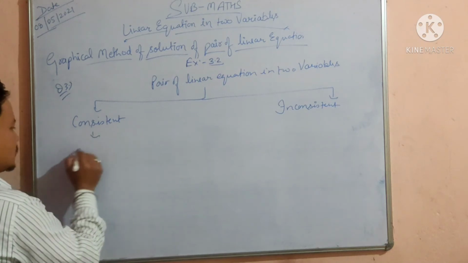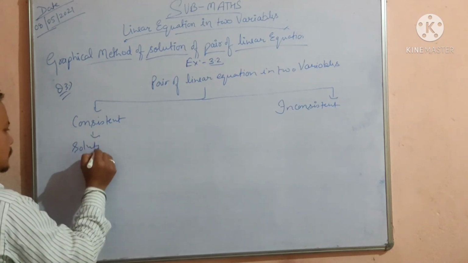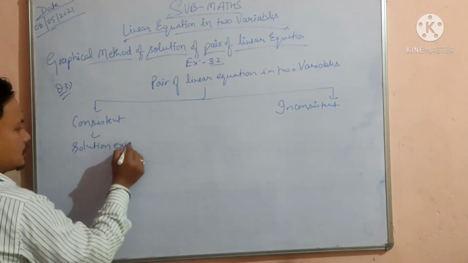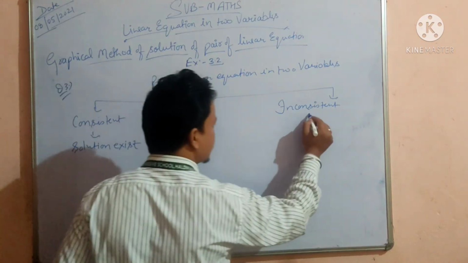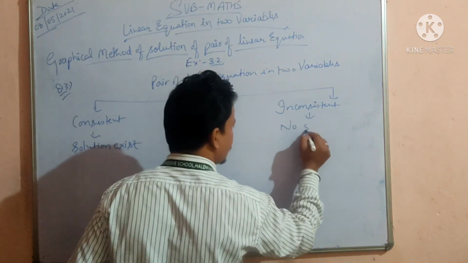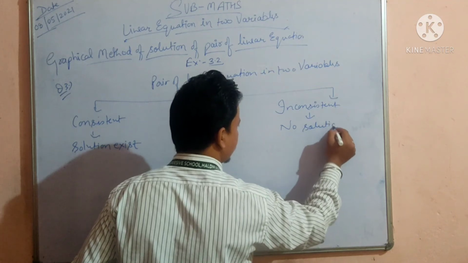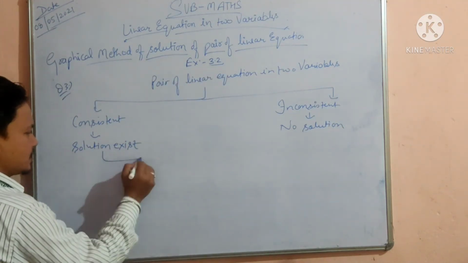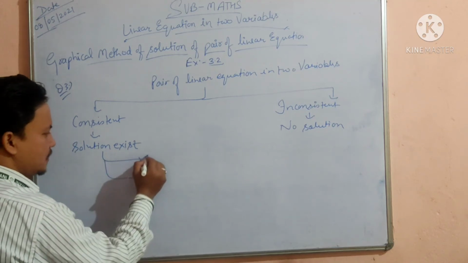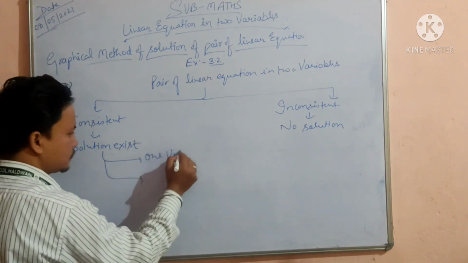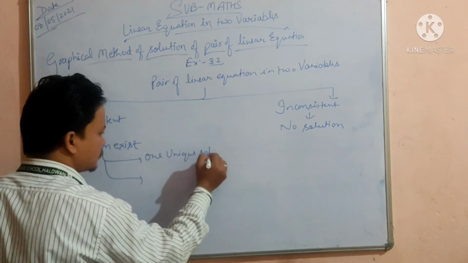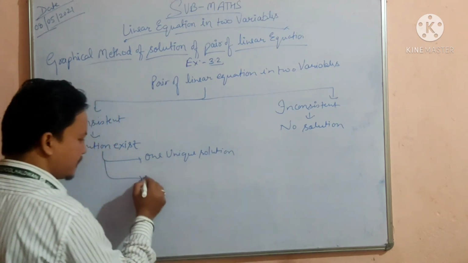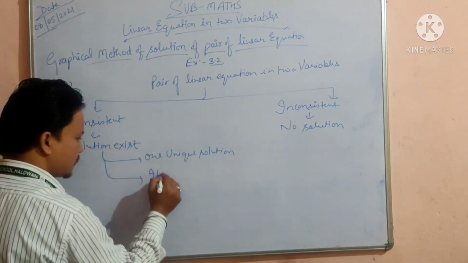Consistent means a solution exists. Inconsistent means no solution. And in the consistent case, हमारे पास फिर दो कंडीशंस होंगी यहाँ पे. The very first, one unique solution, and in the second case, infinitely many solutions.